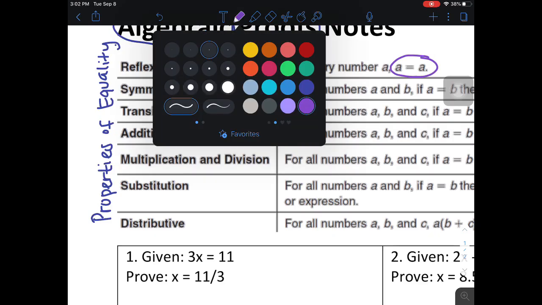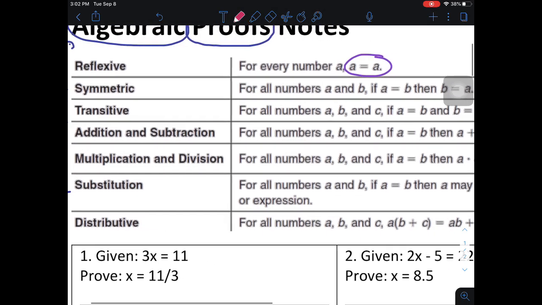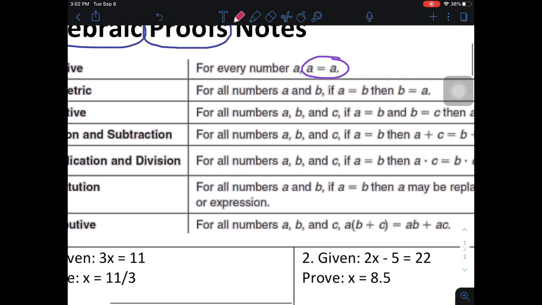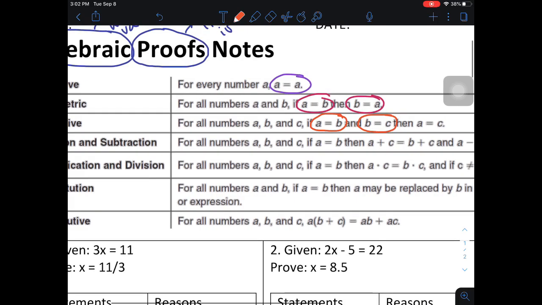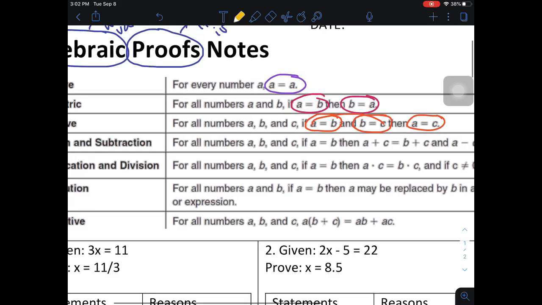The next property of equality is the symmetric, and it's just saying that if A equals B, then B equals A. If you flip them, it doesn't matter. That's all this one's saying. All right, next we have the transitive property. So if A equals B and B equals C, then you can assume that A equals C. You could skip B.